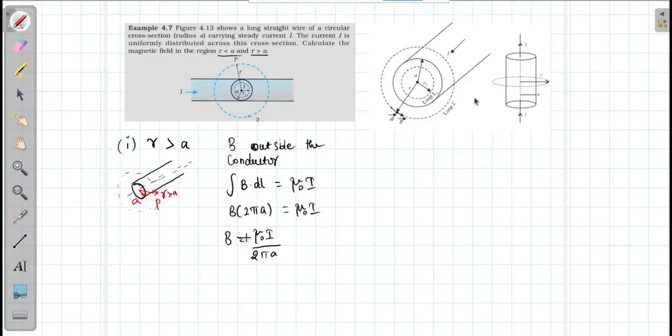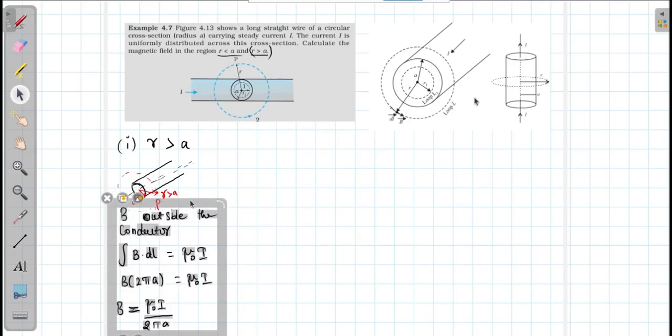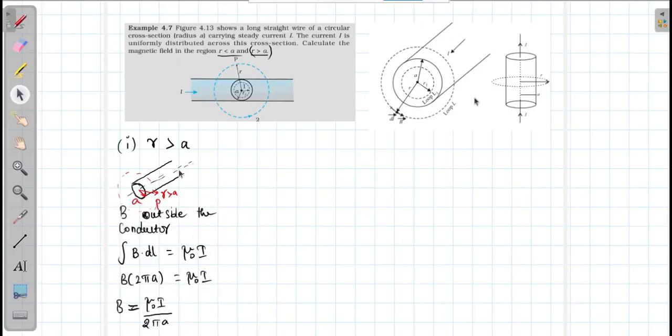That's all. For this particular case, r greater than a, the answer is simple. Do you understand? Yes, sir. The answer is very simple.